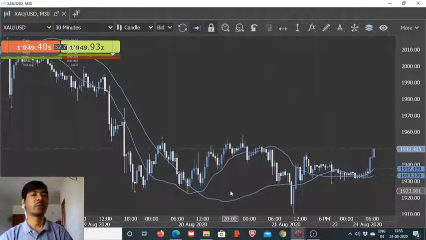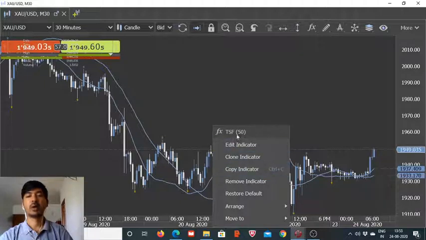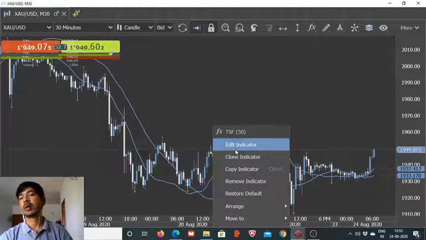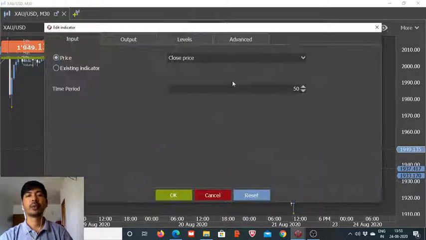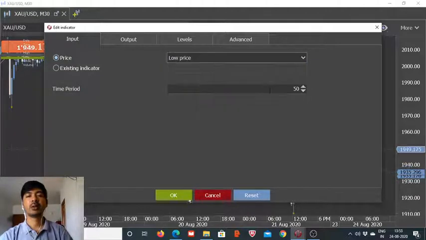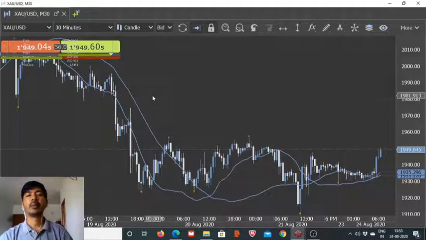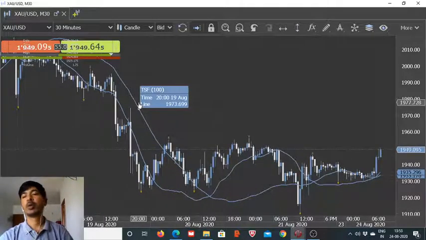Now the TSF 100 has moved lower as we are taking into account the TSF calculated on the low value. Now for 50, if we use the same parameter, we will also see that the 50 TSF value has also gone lower.